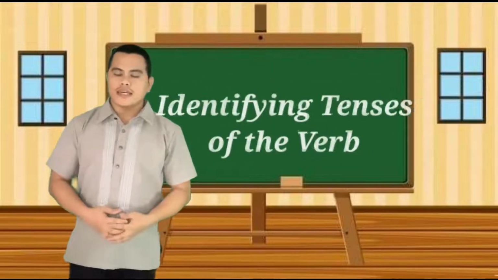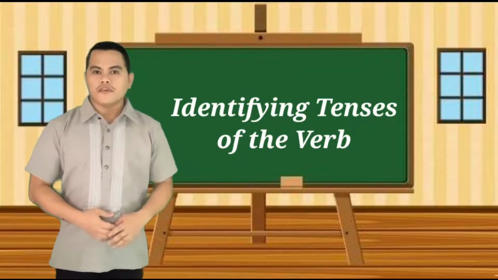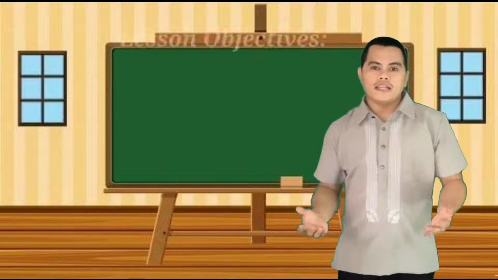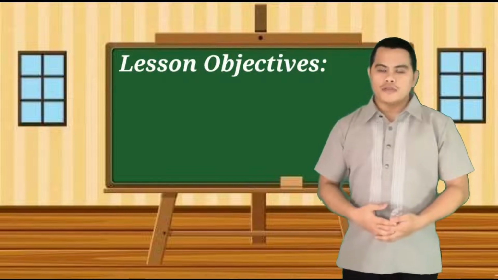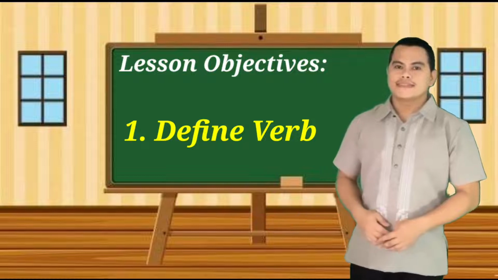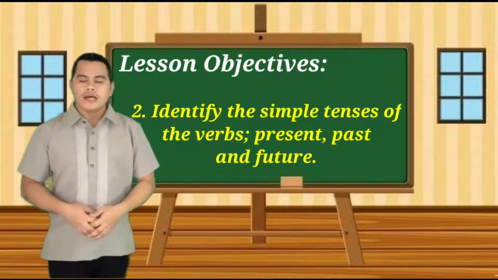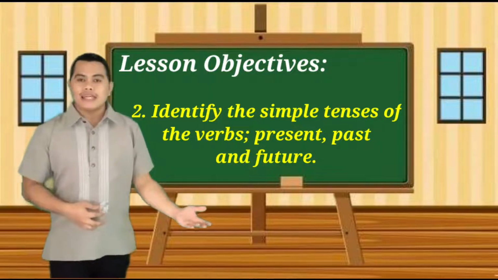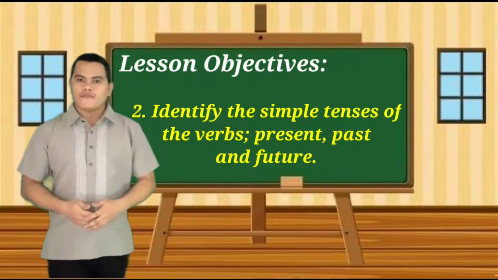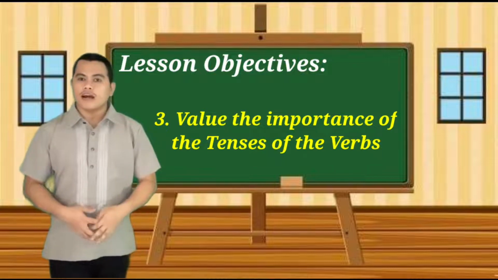We will be discussing the topic, identifying tenses of the verb. At the end of the lesson, you will be able to: number 1, define verb; number 2, identify the simple tenses of the verb, present, past, and future; and number 3, value the importance of the tenses of the verb.